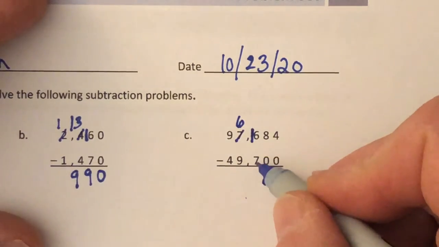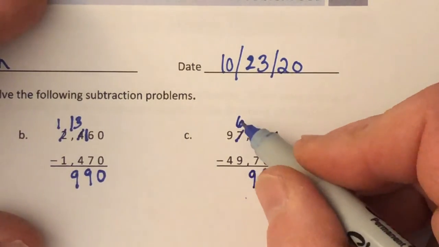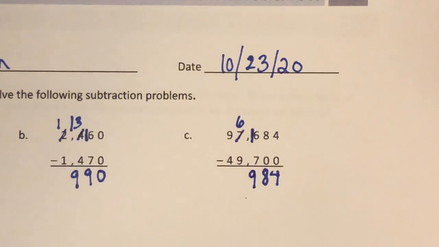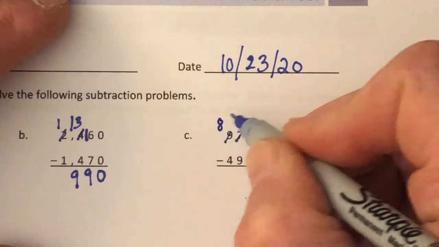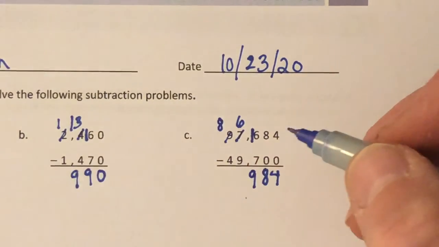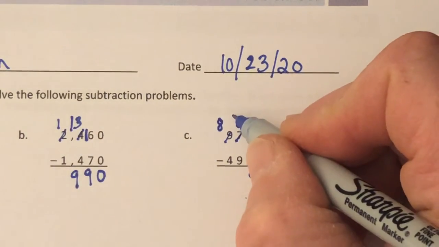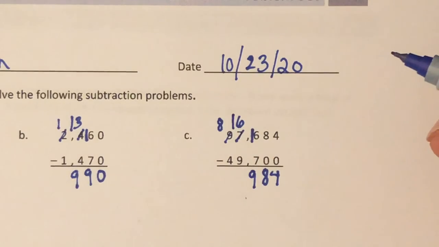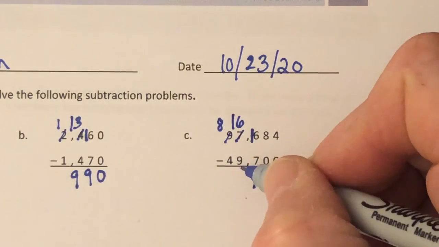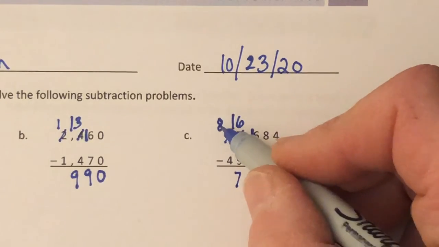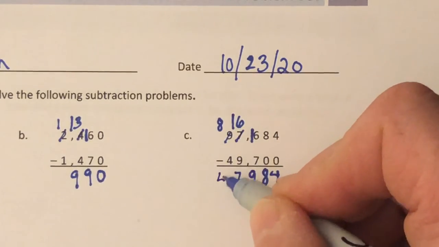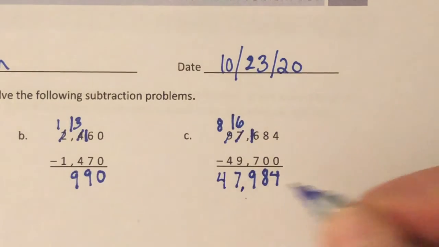So 16 minus 7 is 9. 6 minus 9, can't do it. Cross out the 9, leave an 8. Take that 10,000 and break it into 10 thousands. And leave 16,000 here. So 16 minus 9 gives me 7. And then 8 minus 4 gives me 4. So my answer here is 47,984.